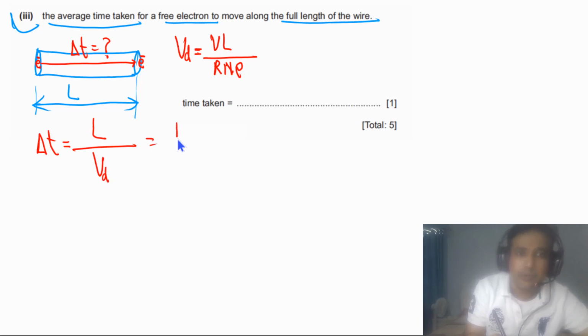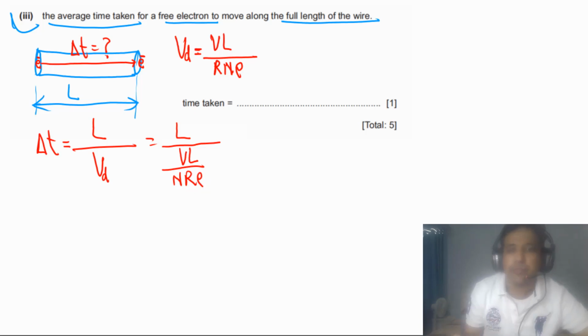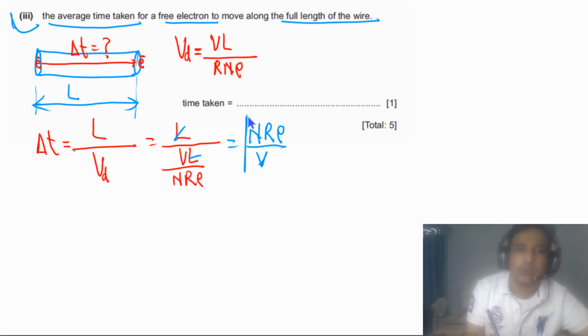So we can write down, we have L and this is divided by V L divided by N capital R e. So from here we can cancel this L with this, so we are left with capital N capital R e divided by the potential difference. So this is our final answer.